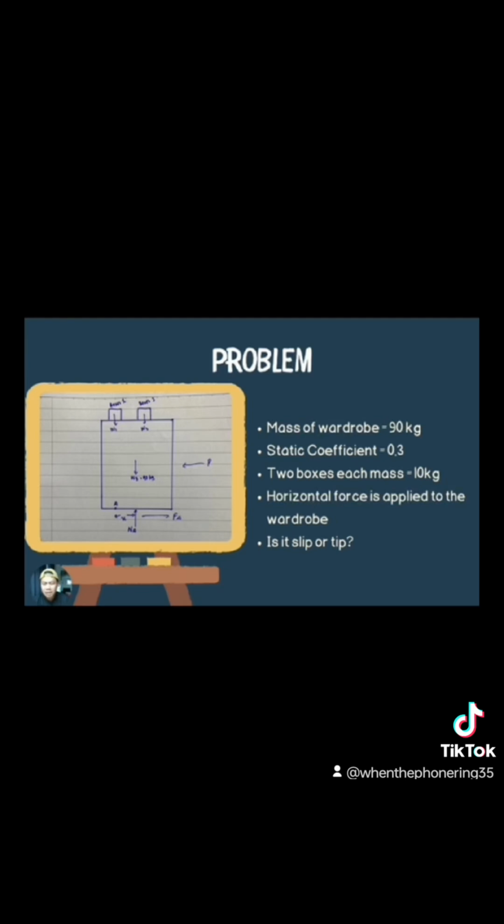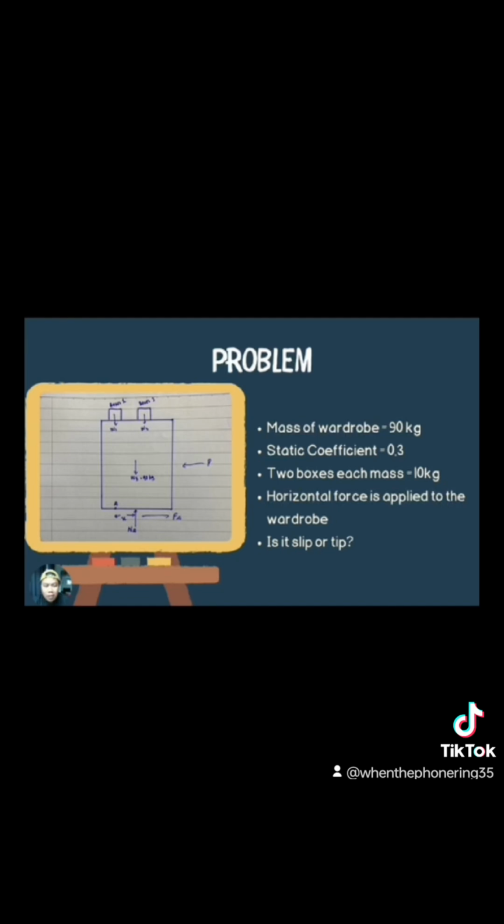These boxes are fixed on top of the wardrobe, and there's no friction between the boxes and the wardrobe. Now, a horizontal force P is applied to the wardrobe. Our goal is to determine whether the wardrobe will slip or tip under the influence of these forces.